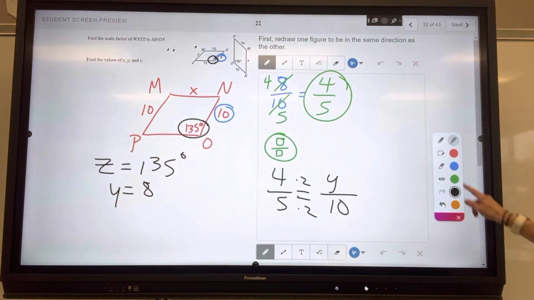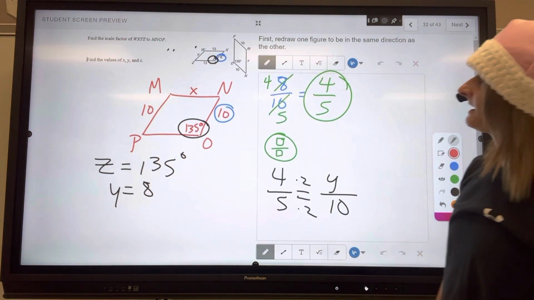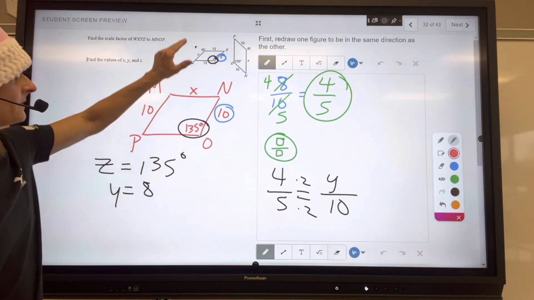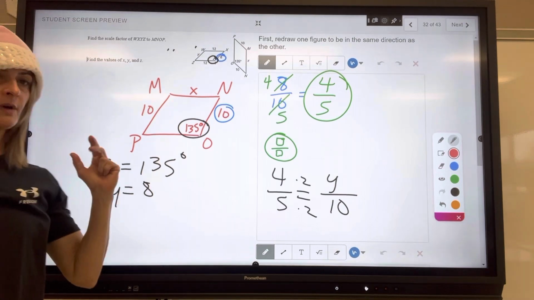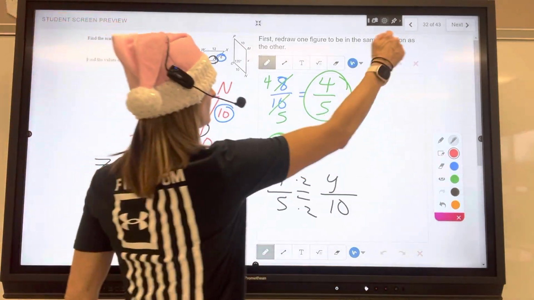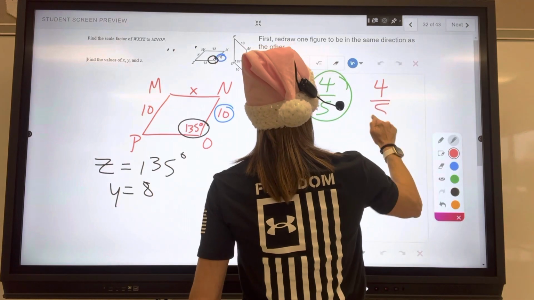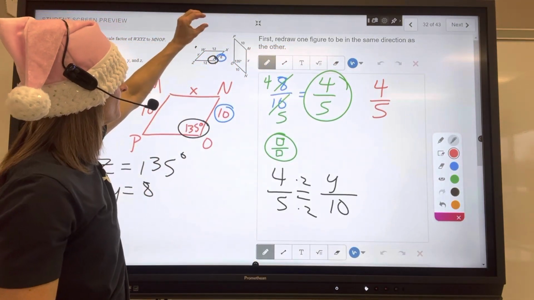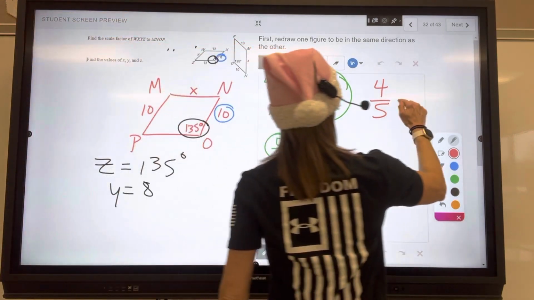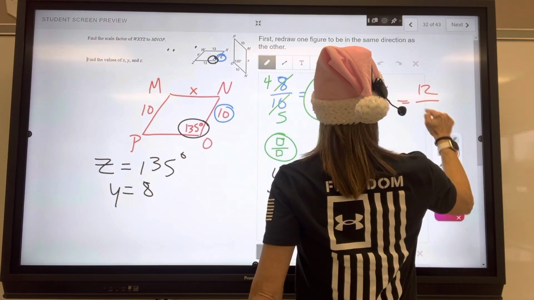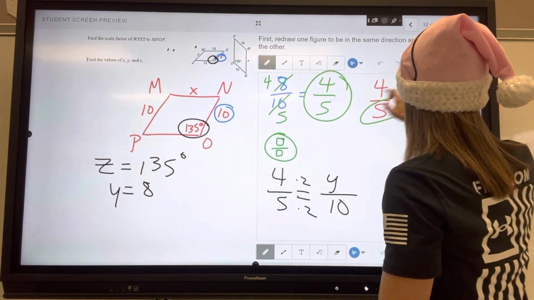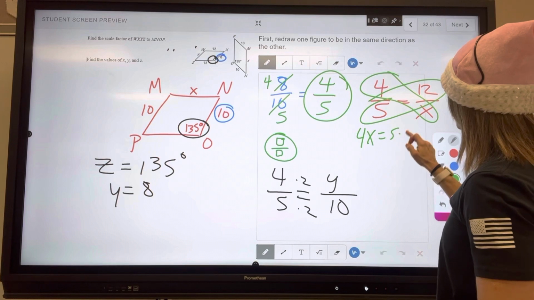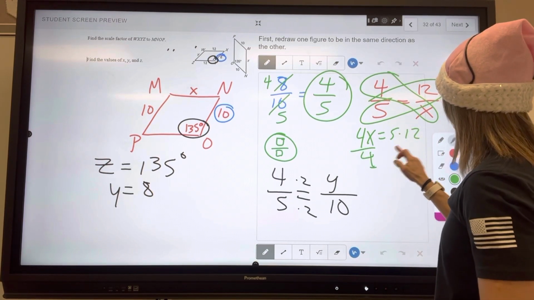Last one, X. X is right here in between M and N. X corresponds to 12. So we're going to write another proportion and say 4 is to 5, because that's our scale factor, as 12 is to X. Now again, you can cross multiply and divide, and you'll get 4x equals 5 times 12, and then divide by 4.